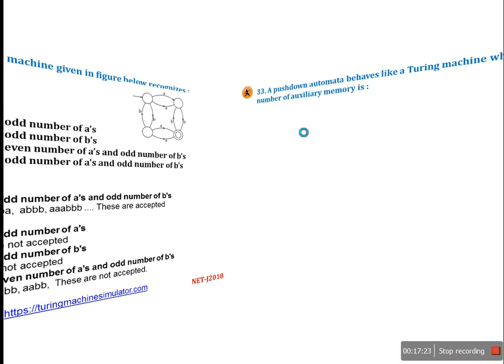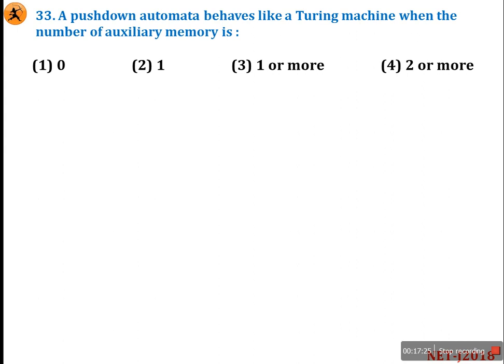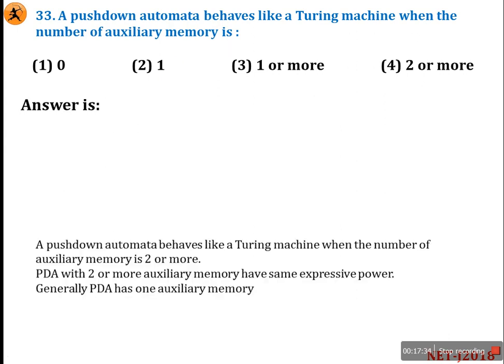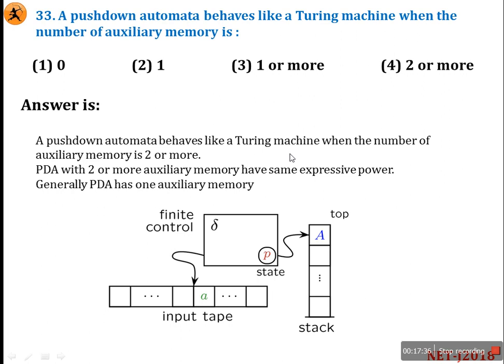Now we'll move to question number 33. A Pushdown automata behaves like a Turing machine when the number of auxiliary memory is. Before explaining this, I will show you the Pushdown automata. This is a Pushdown automata machine. This is the additional memory in the finite automata; if you remove this additional memory, it is a finite automata.